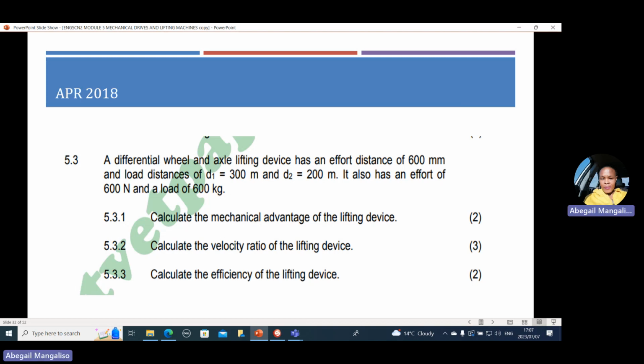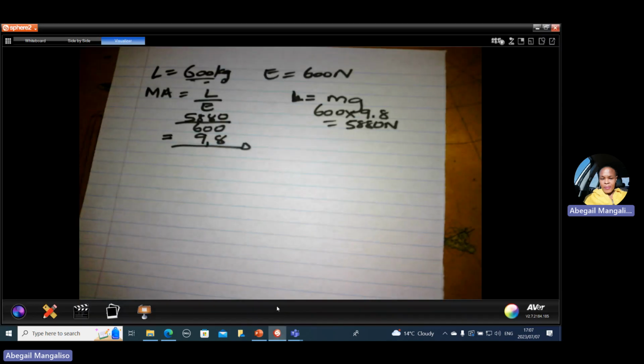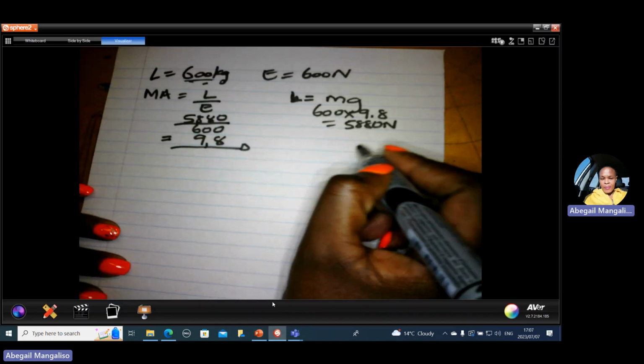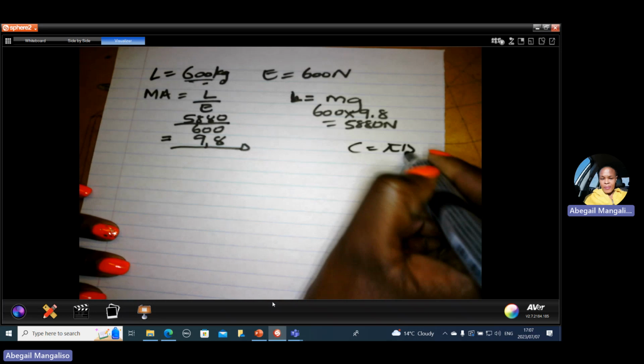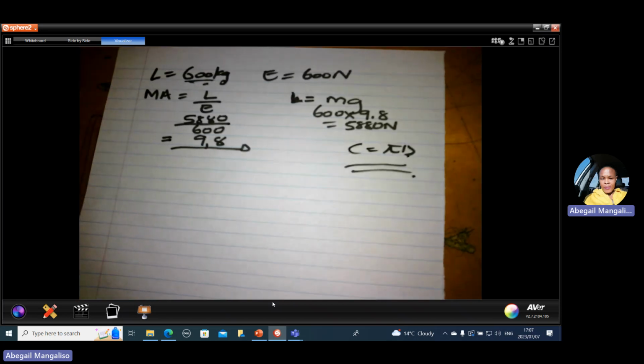So the relationship or the conversion between a diameter and a circumference, which is the distance covered, is C equal to pi multiplied by D. So this is how you can change a circumference to a diameter. In this question, the wheel is given as distance. Both axles are given as distance.